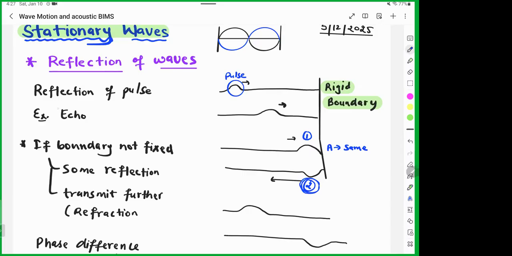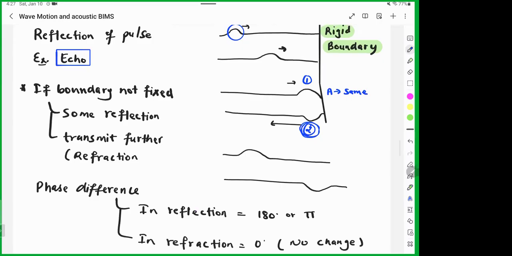For example, the same thing happens in an echo. The sound wave will hit the boundary and then reflect back to our ears and we'll hear an echo. But if you have a lot of material in the room, what will happen? The material will absorb the sound. Correct? But if the boundary is not fixed, it is moving.